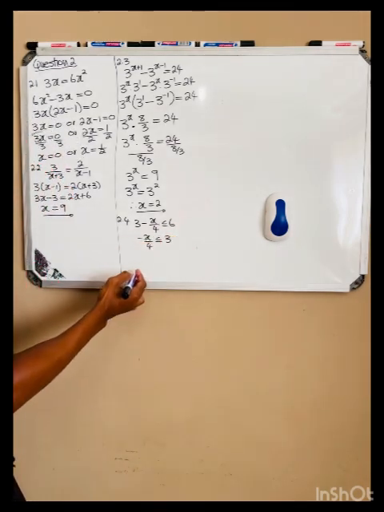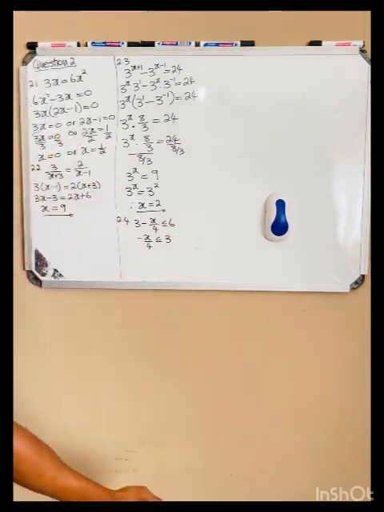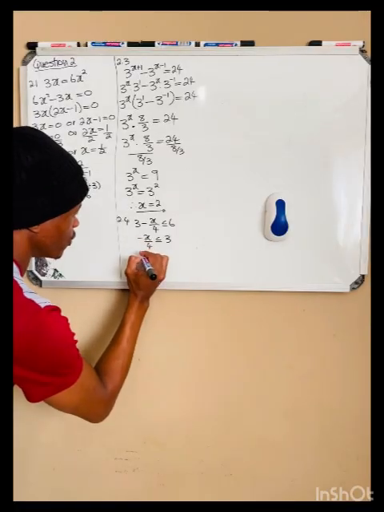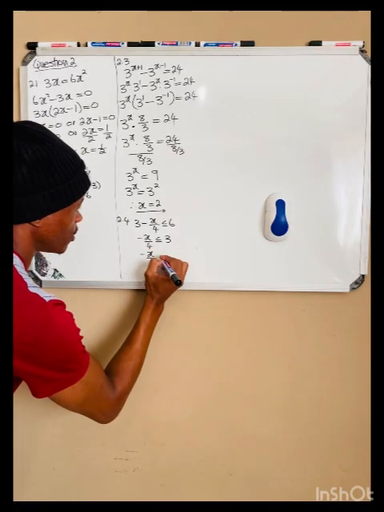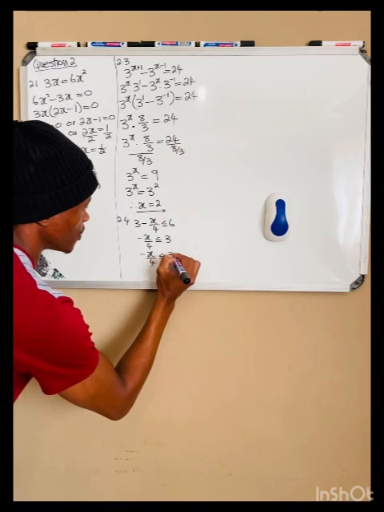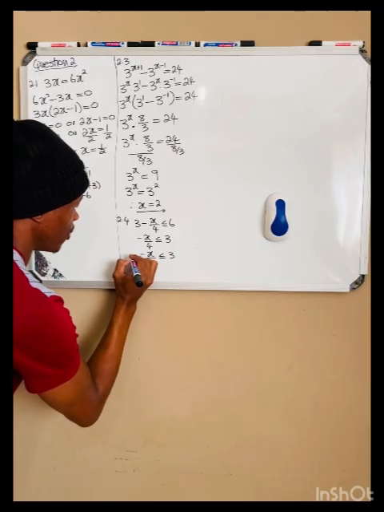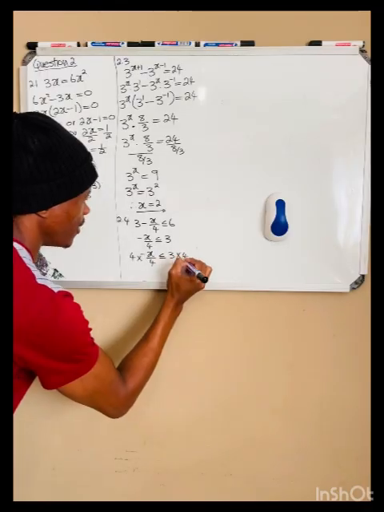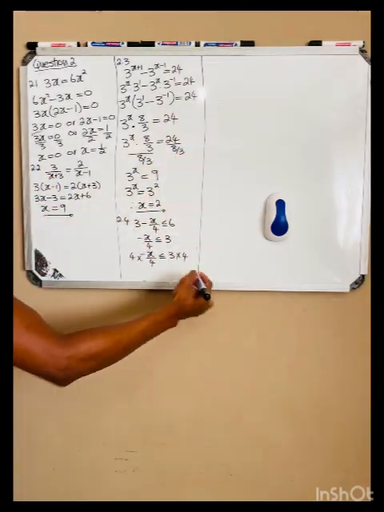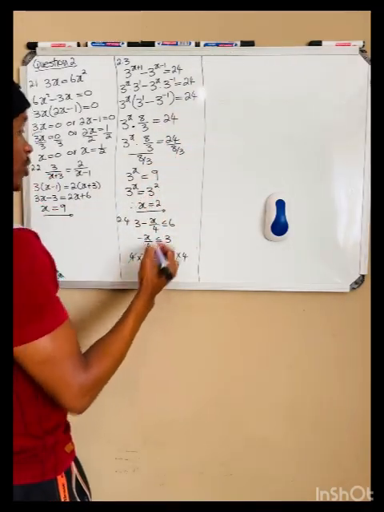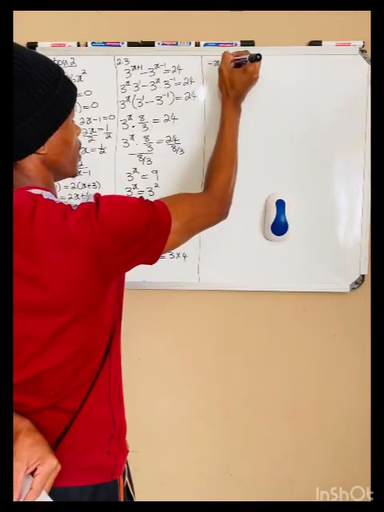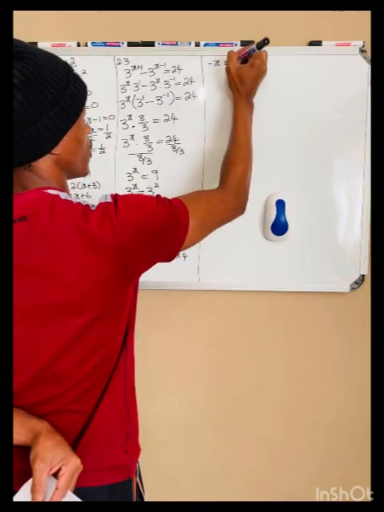Then from here, you can cross multiply, or you can just multiply by 4. We have minus x over 4 less than or equal to 3. Then you multiply by 4, so we get rid of the 4. We're left with minus x less than or equal to 3 times 4, which is 12.